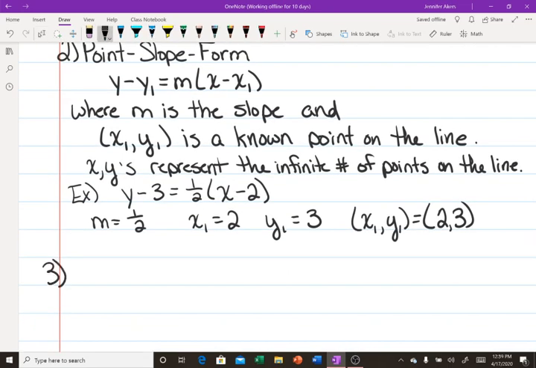Alright, third form, standard form of a linear equation.